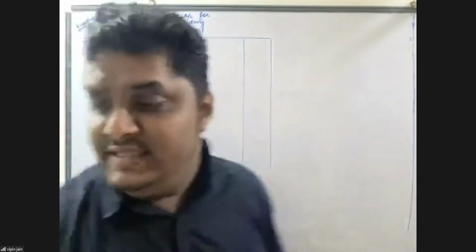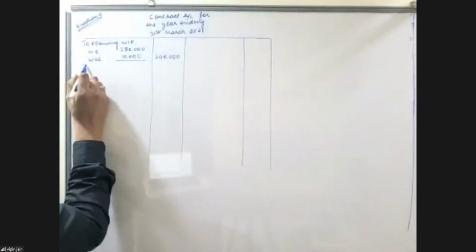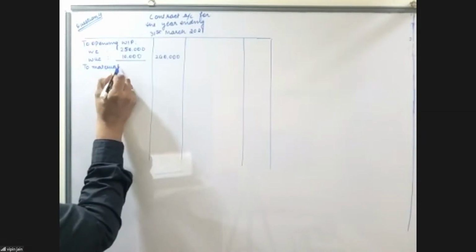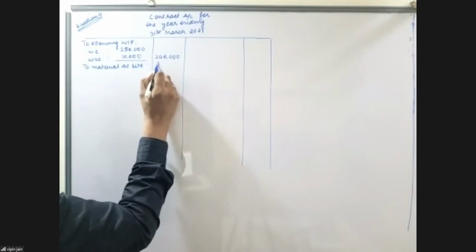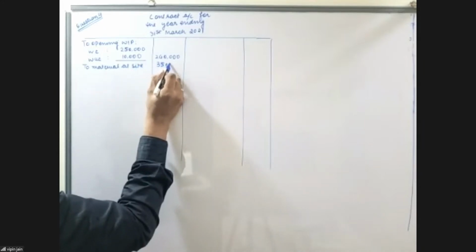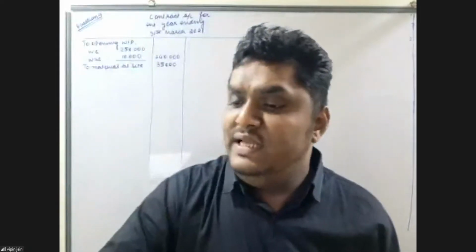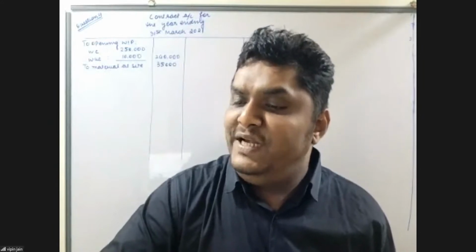So this will be 2,60,000. Further, material at site is given, that is 35,000. Further, we'll be adjusting the wages outstanding and plant hire charges outstanding in the respective cost.